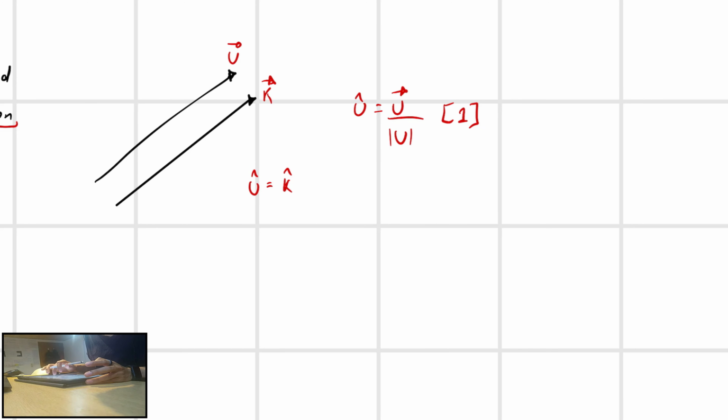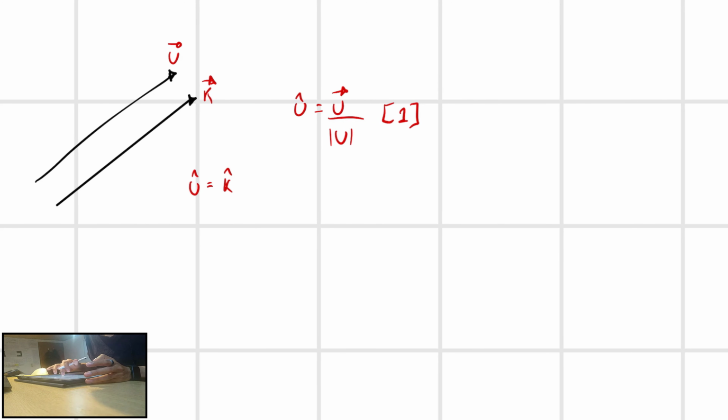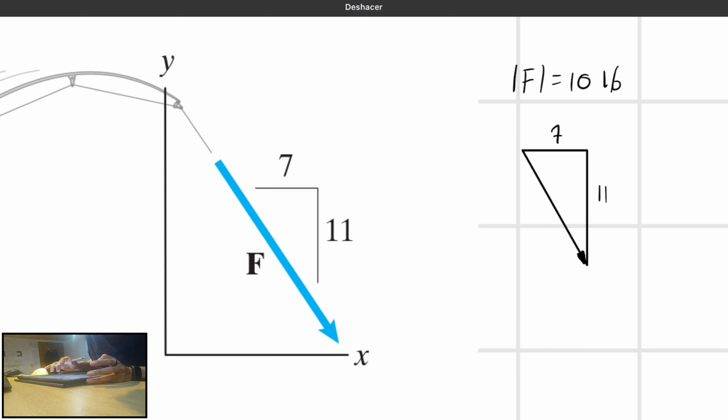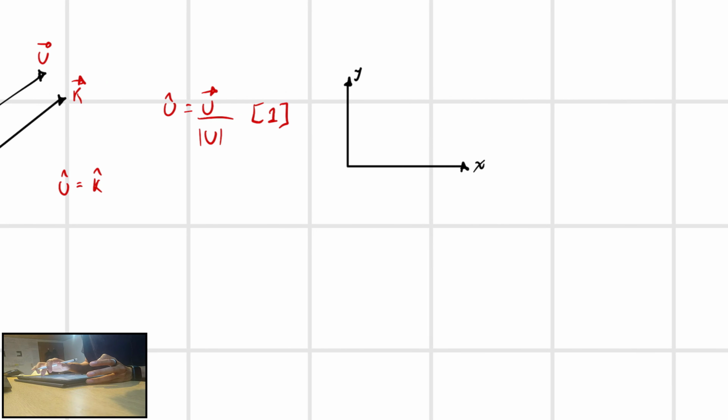The second one is by using their components. For example, I have here y and x, as we have right here, and a little vector that I'm going to call t. That t generates an angle between the x-axis and the vector, which I'm going to call alpha.